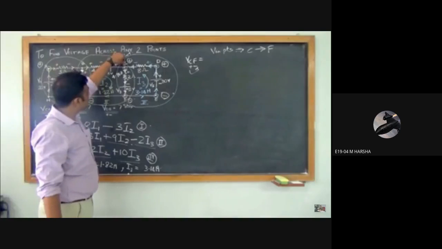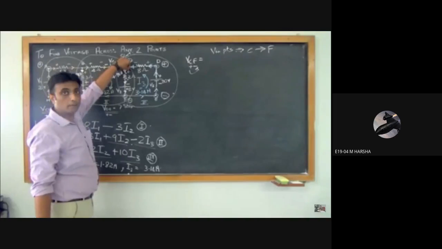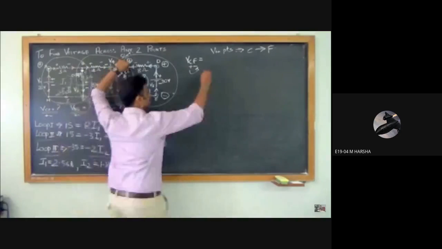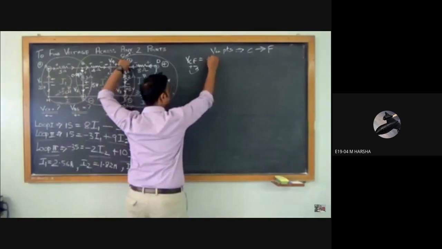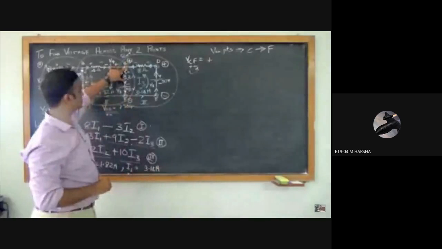Starting from C, the first terminal it comes in contact with is the first terminal of the resistor. What is the first terminal of the resistor? Positive. So my sign polarity is positive. Now I have to find the voltage across this.